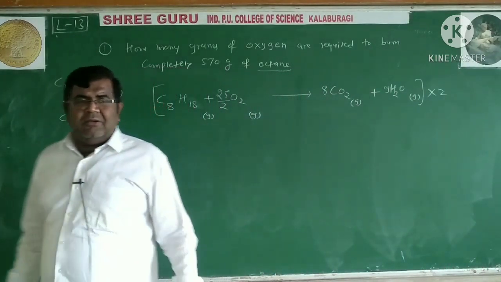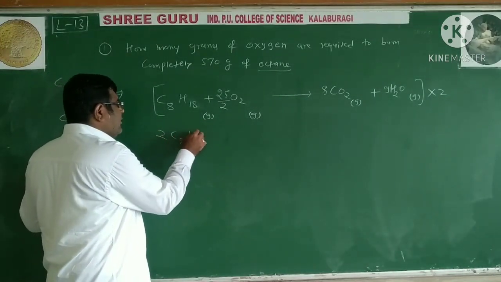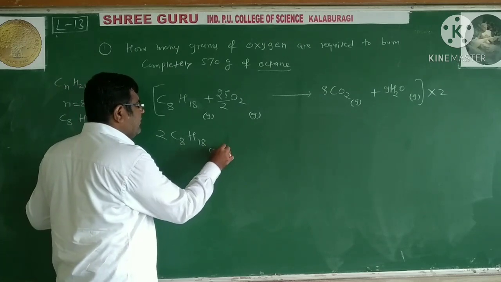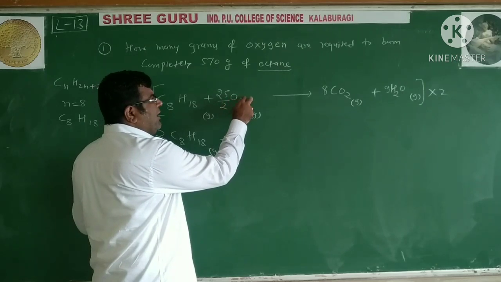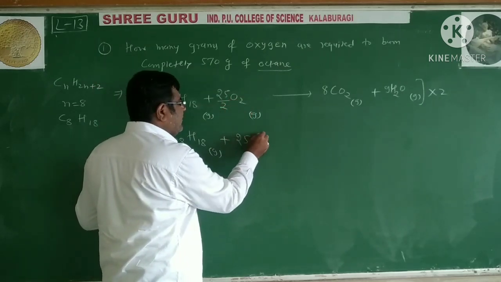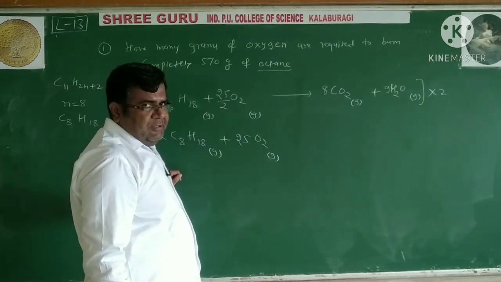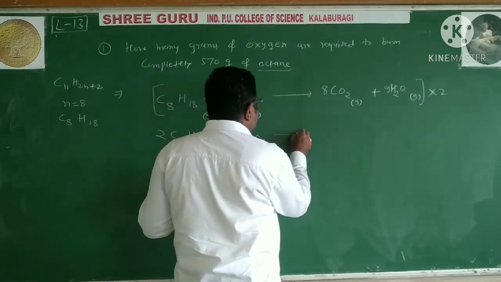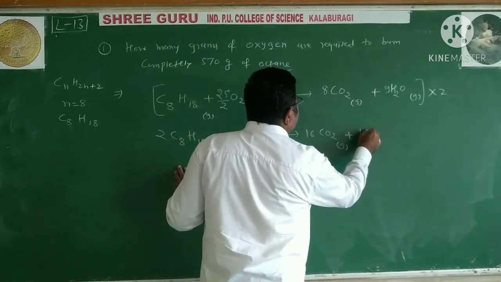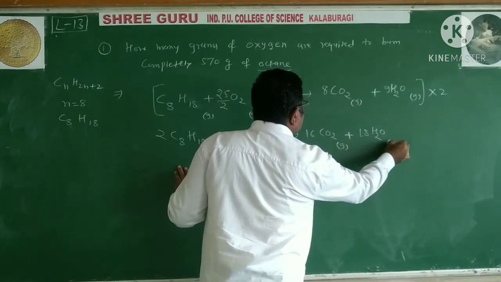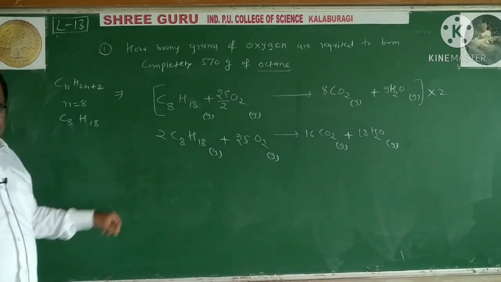So 1 multiplied by 2, we write 2 C8H18 in gaseous state. 25 by 2 multiplied by 2 gets cancelled. That's why we have multiplied by 2, to get rid of this 2 in the denominator. We get 16 CO2 plus 18 H2O.